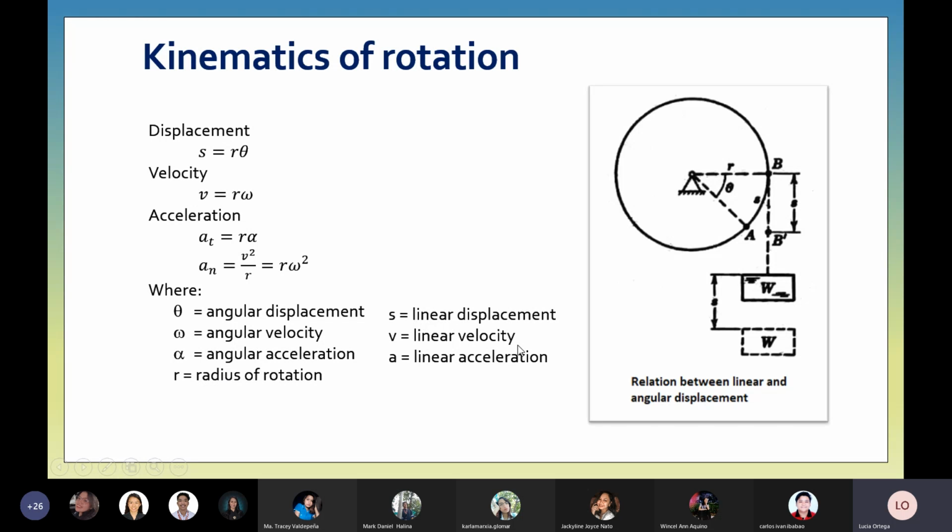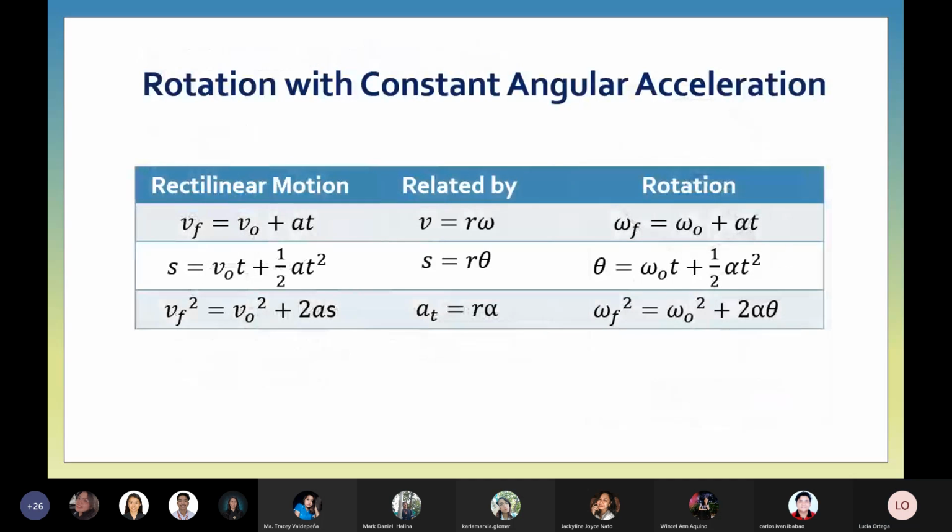The equivalent linear: linear displacement is S, V is the linear velocity, and A is the linear acceleration. Since that is in rotation, we have tangential and normal components. We have discussed this already in the previous chapter, curvilinear translation.